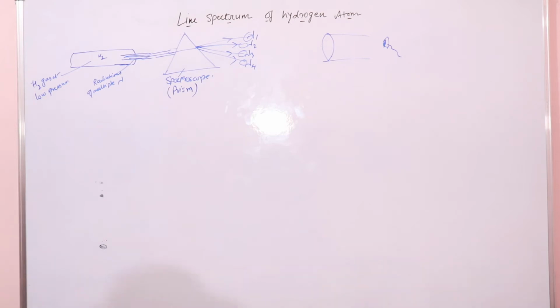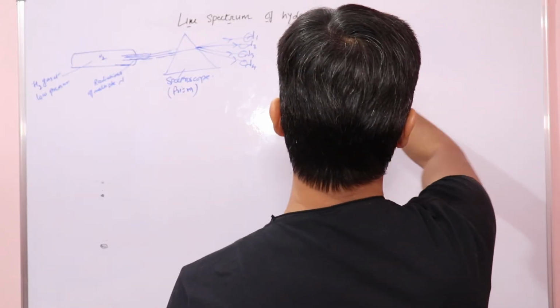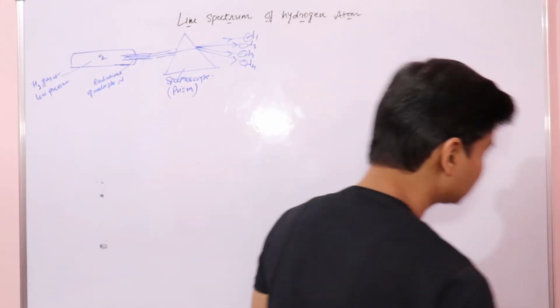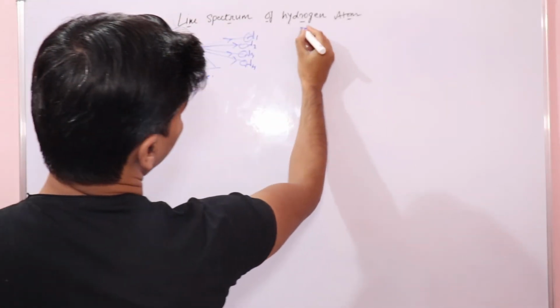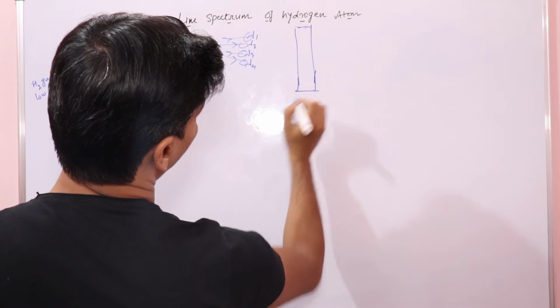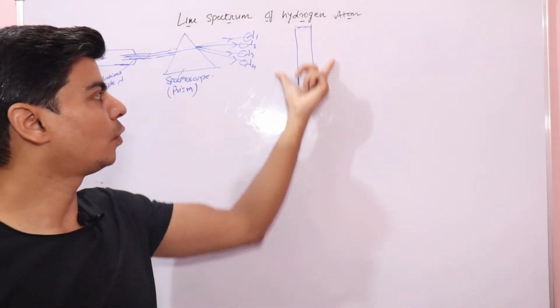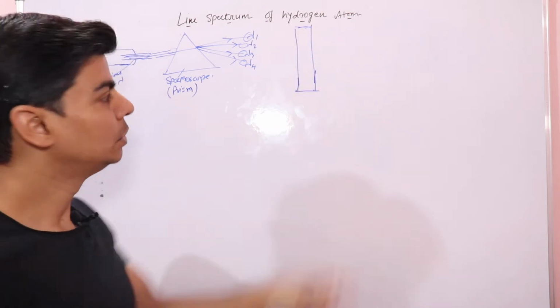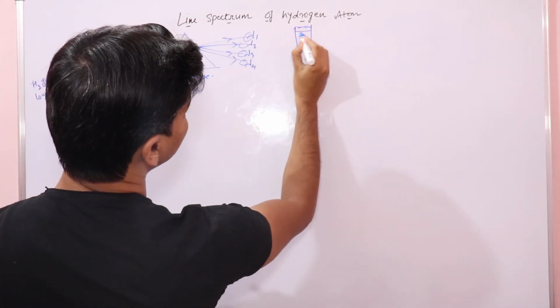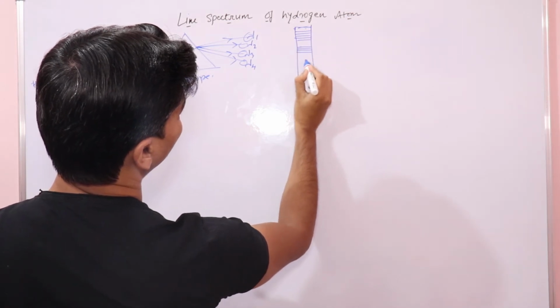Now, since we said we want a line spectrum, what we will do is replace this telescope with a photographic film. When these radiations are allowed to fall on this photographic film, you will observe a group of closely spaced lines on this photographic film.